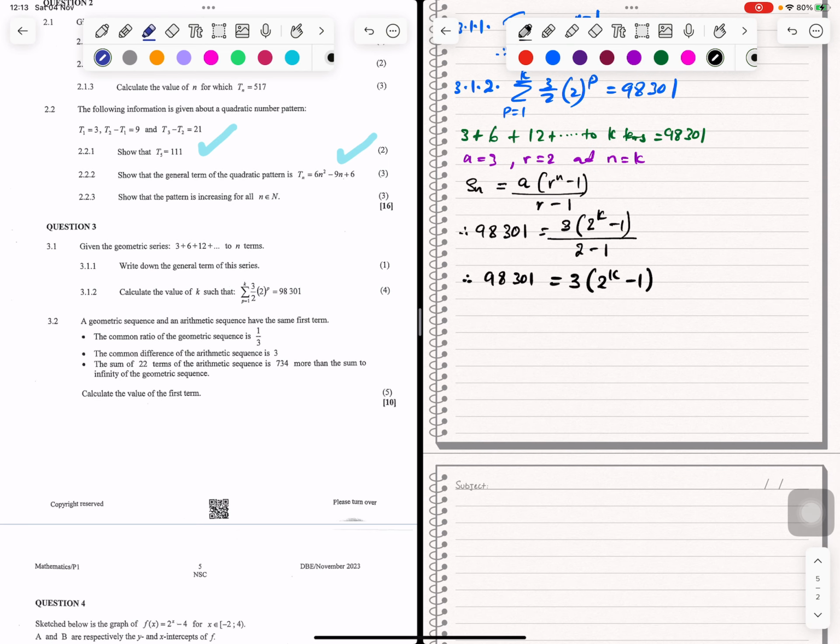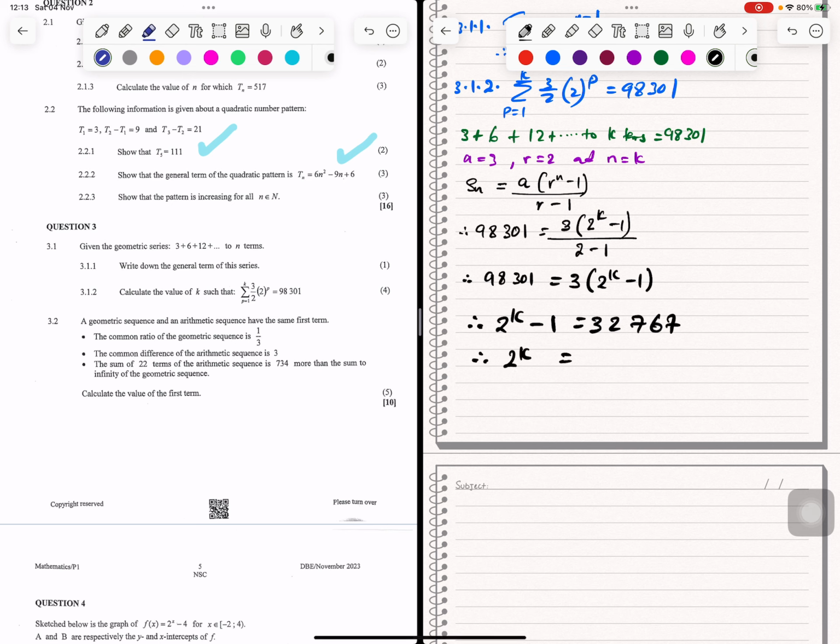Now what can we do? We can divide both sides by 3. So we'll have 2 to the power k minus 1 equals 98,301 divided by 3. I'm getting 32767. Then you add 1 to both sides.